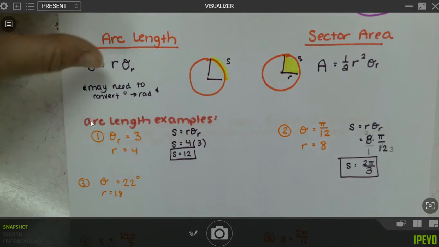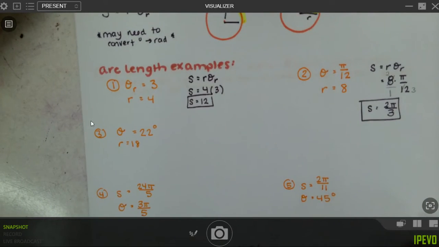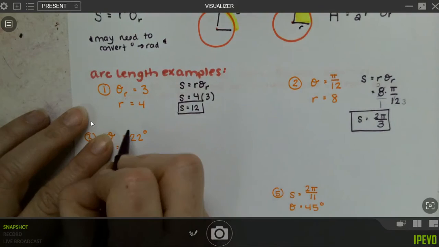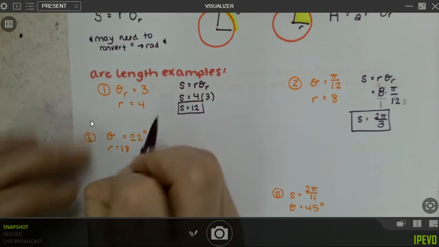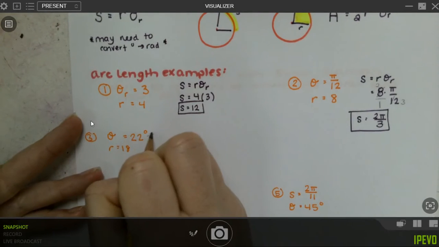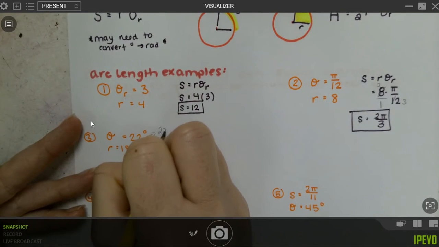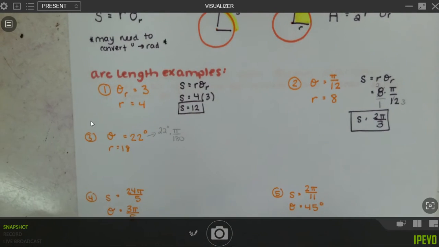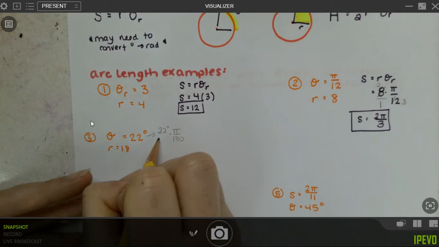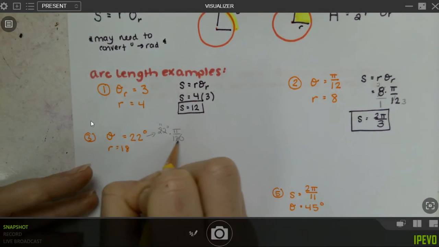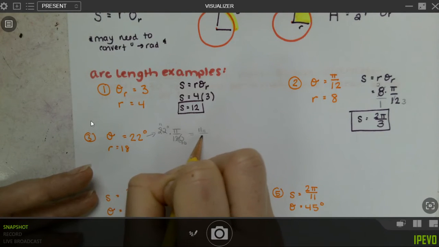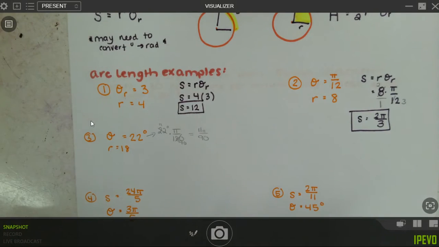Now, if we gave you the angle in degrees instead of in radians, you'd want to convert that first. So we're going to convert 22 to radians. Remember, we want pi in radians, so we're using the one with pi on top, pi over 180. We're going to simplify that. So 11 pi over 90 is the measure of the angle in radians.